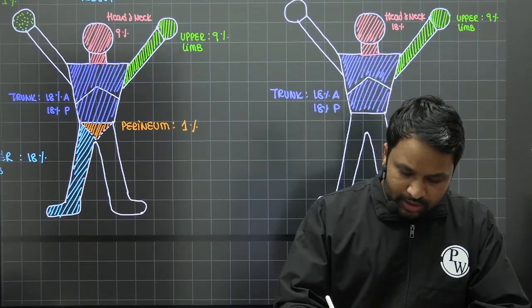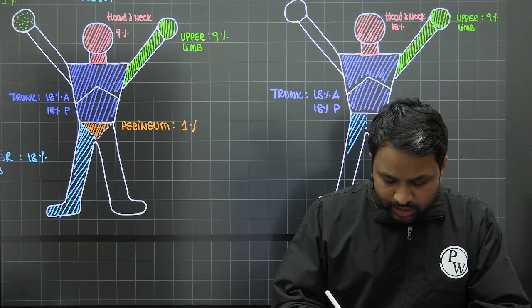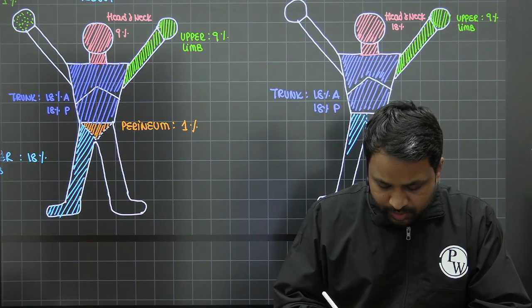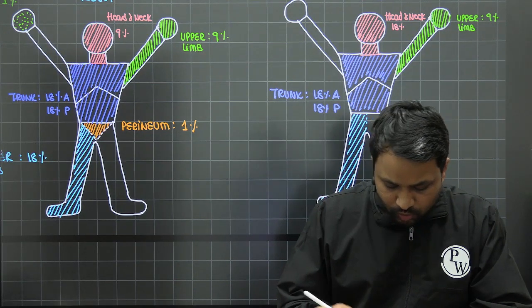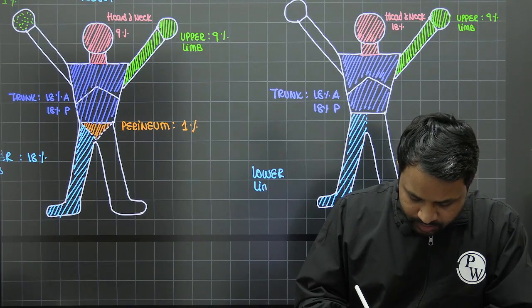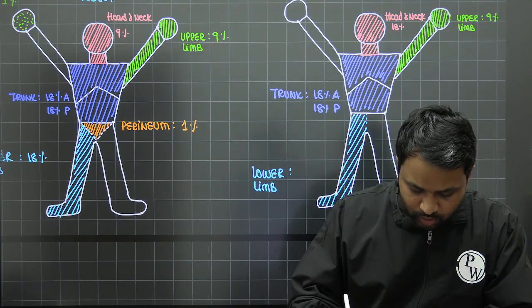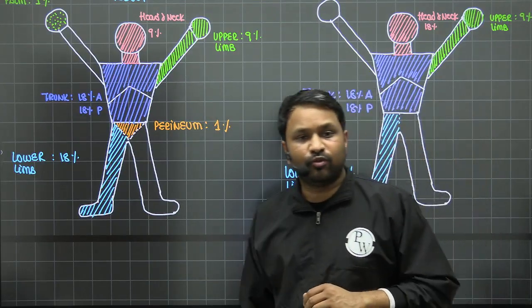In a child, we do not consider the perineum. The lower limb, from the anterior superior iliac spine all the way to the toes, is going to account for 14% each, right?